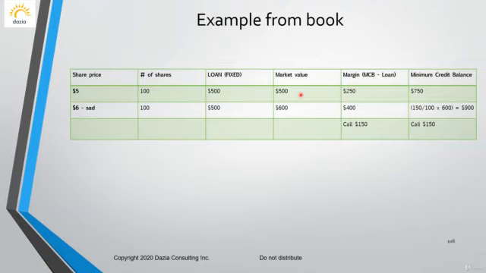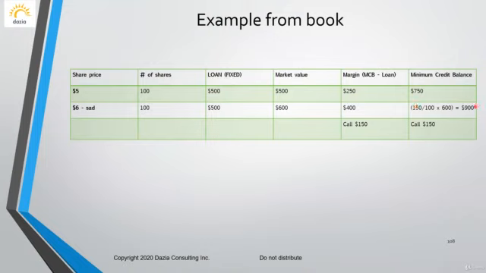So it was $5, and here we said minimum credit balance is going to be 750 that you need to maintain, which is 150% of the 500. And the client had already got a loan of 500. So the difference between the two, 250, needs to be deposited. If the price went up to $6, now 6 times 100, $600 is your market value. And what is 150% of that?